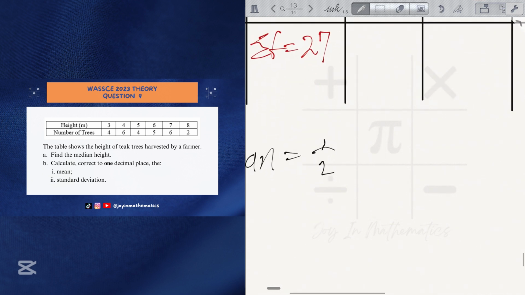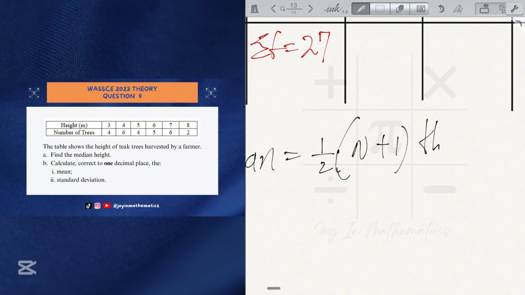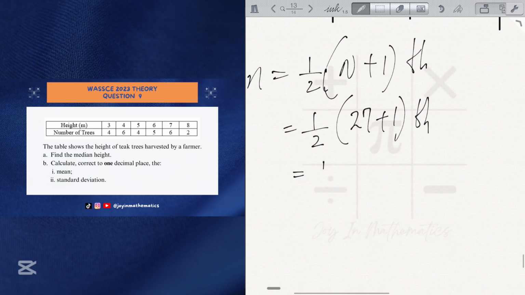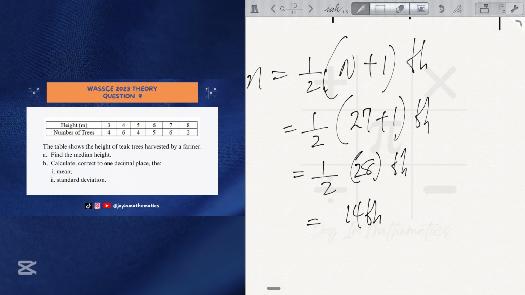Okay, let's zoom in. 1/2 into (n plus 1) position. So n in this case is 27. So we have 1/2 into (27 plus 1) position. Since it's grouped data, we'll have it at half of the 28th position, which is the 14th position.